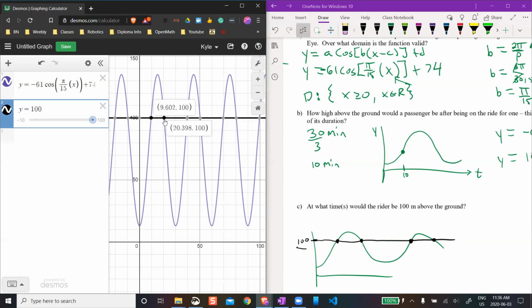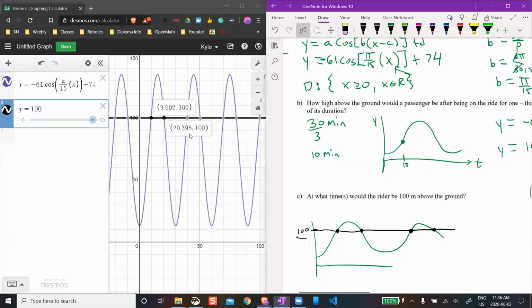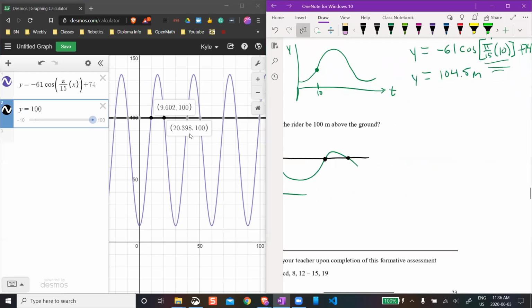But if this thing kept going, we're saying one ride's 30 minutes, so we're not going to keep going on forever. We're just going to take these first two numbers. So your answer here would be 9.6 minutes and 20.4 minutes. Okay, and that's it.